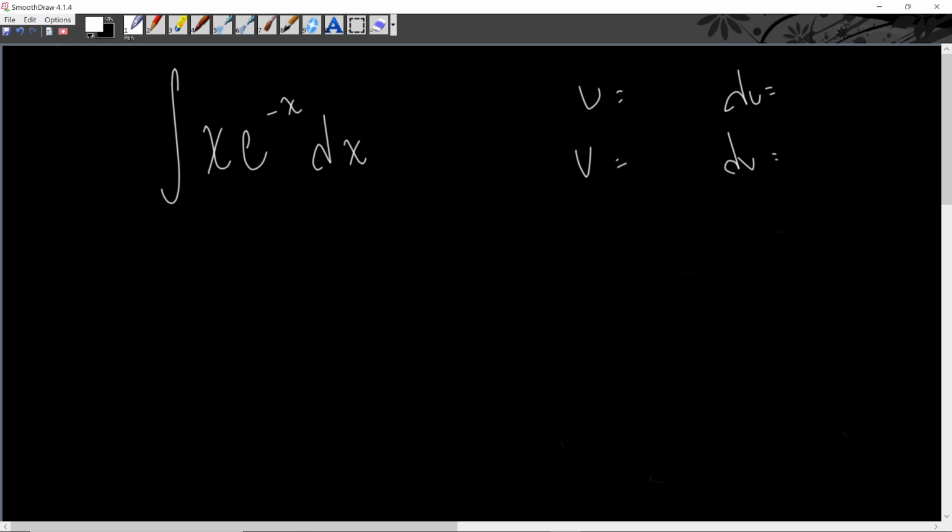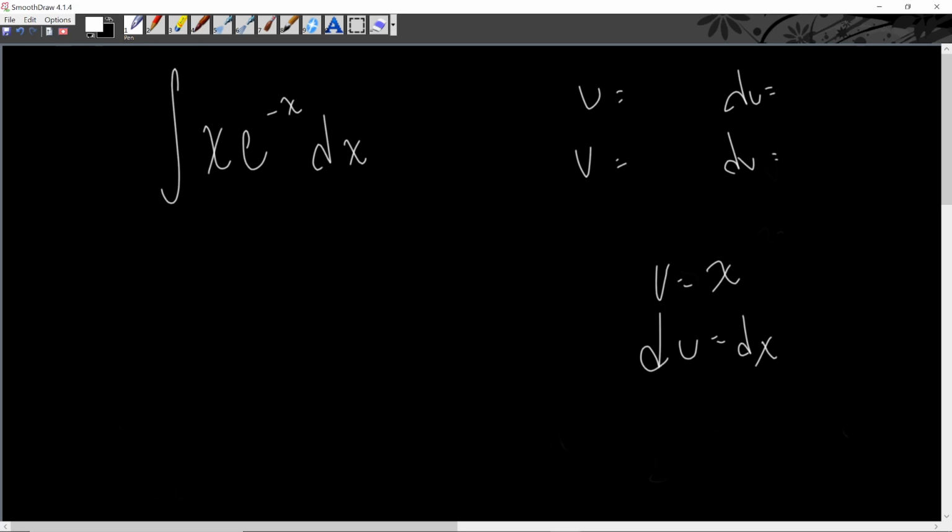Well, as we said, x is probably our best bet for u, because once we differentiate u equals x, we're just going to get du equals 1 dx, but we don't need to write the 1 at a certain point. du equals just dx.